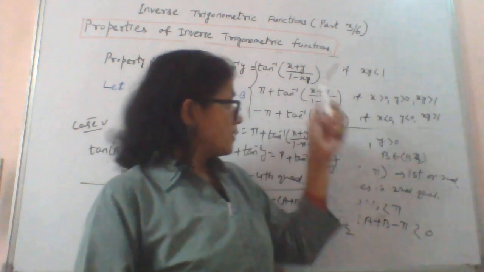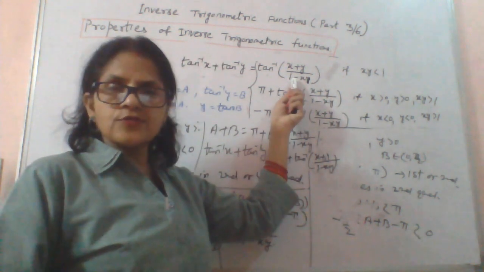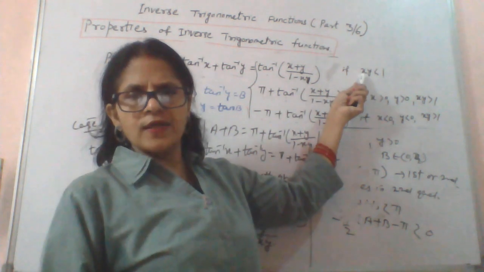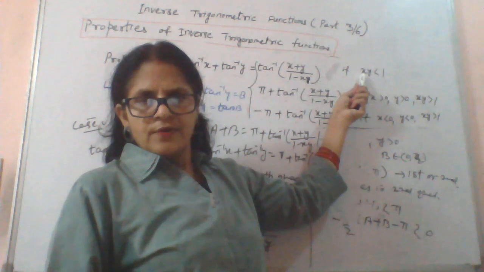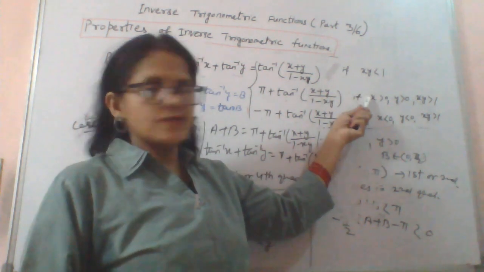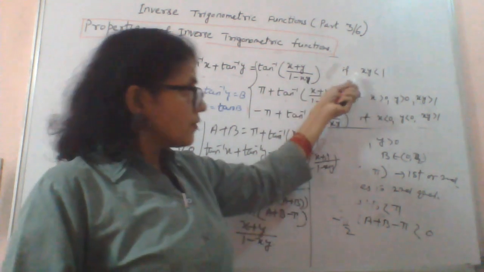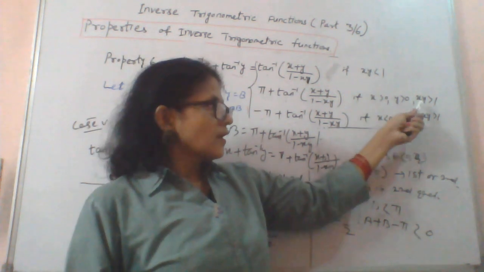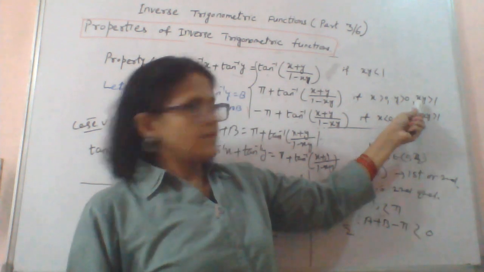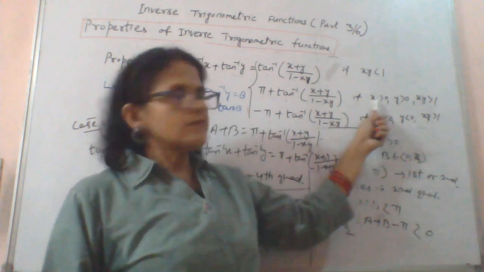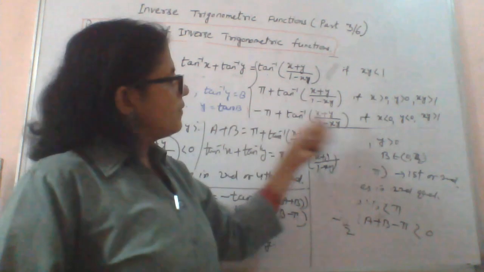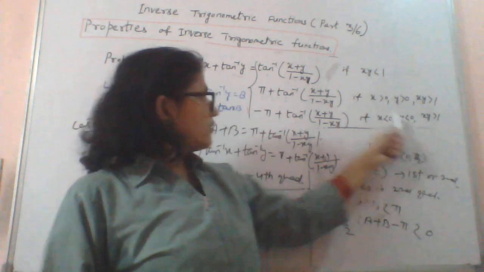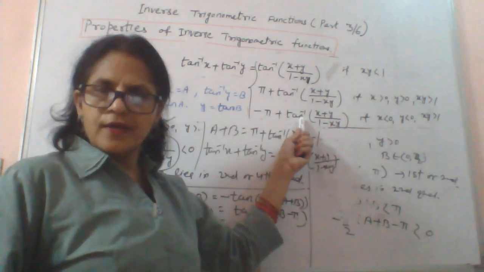As I said, in more than 90% of questions we apply this formula and hardly take notice of whether xy is less than 1 or not. But actually, while applying this formula, you need to see whether xy is less than 1. In case xy is greater than 1 and both are positive, you can apply this formula. When x into y is greater than 1 and x, y are negative, the formula would be taken like this.